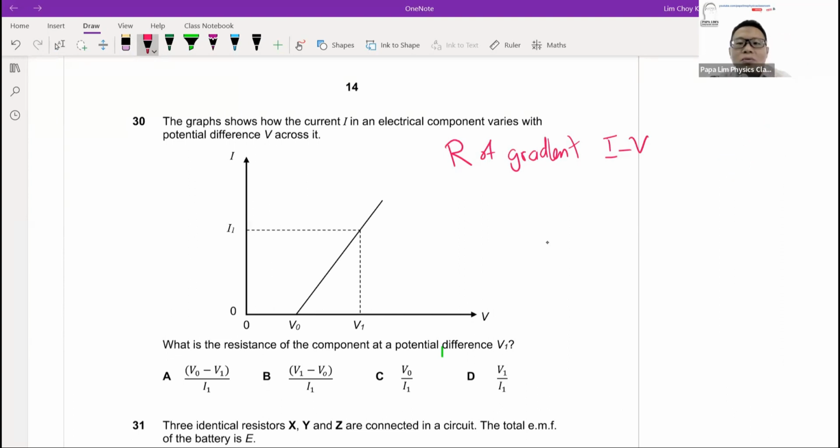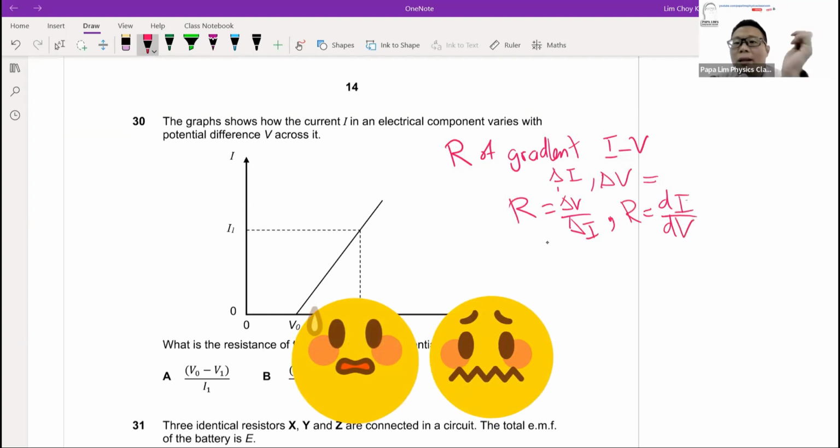In this case, we are not looking at the change in I or change in V, which will lead to R being change in V over change in I. Some students even go to the extreme of saying that R is delta V over delta I, like differentiation.